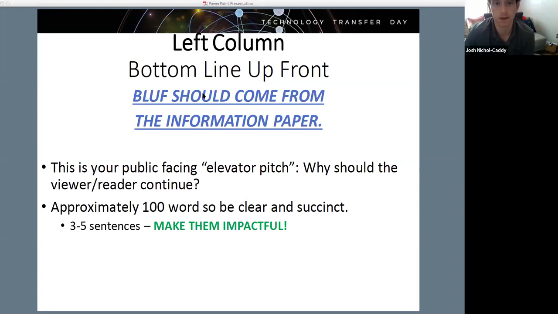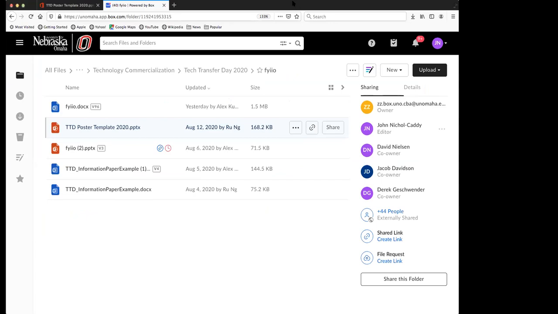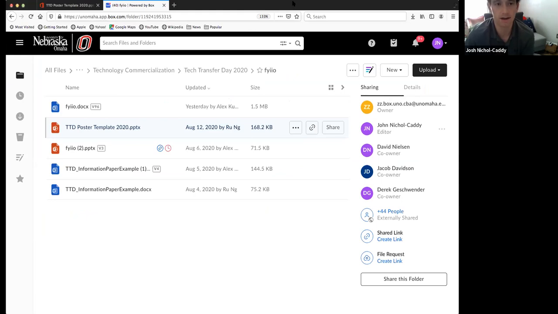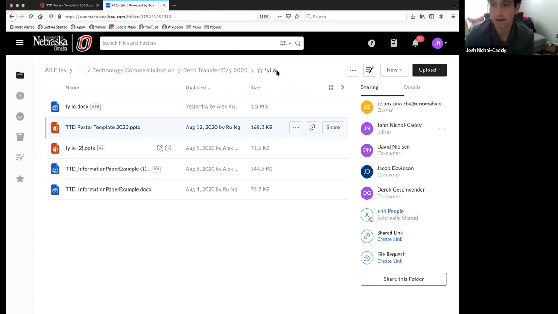So this is Alex's box, and I don't think I'm violating anything by just sharing the titles of the documents in there, because this is what's in everyone's folder. Everyone has a folder within Tech Transfer Day 2020, and you have access to just your folder. In this case, it's FYI.io, Alex's access level.